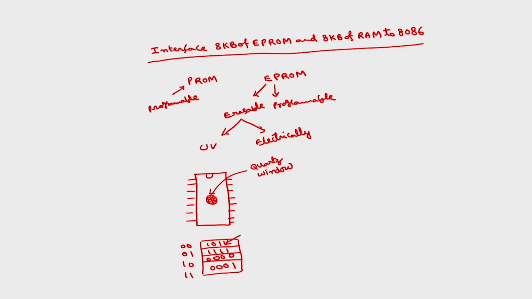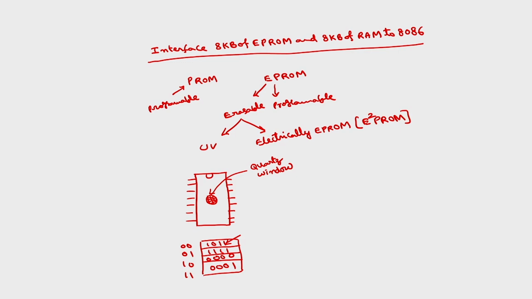So, to avoid that, there is another technique called electrically erasable programmable read only memory, or EEPROM. This also can be called E square PROM. One E stands for electrically, the second E stands for erasable programmable read only memory.